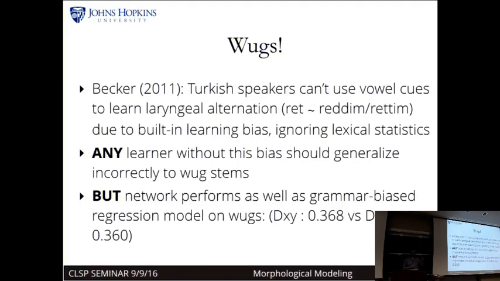So whether ret would come out as redim or retim. And it turned out that the network matched the performance of their grammar, which is kind of interesting considering that in the paper they claim that it's impossible for a domain general learning system without the appropriate linguistic bias, in this case not paying attention to vowels in the training set, to possibly learn the right generalization.